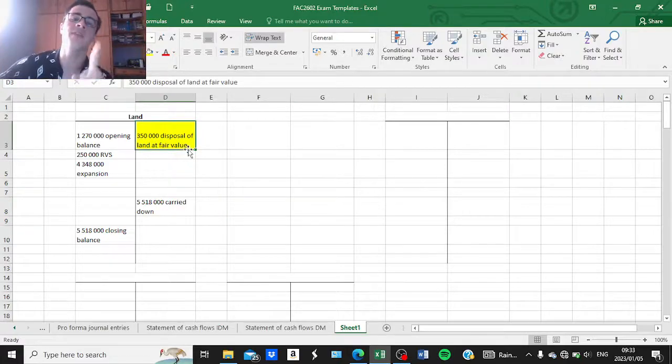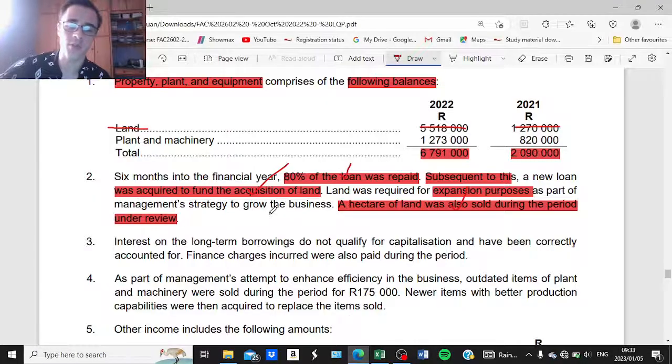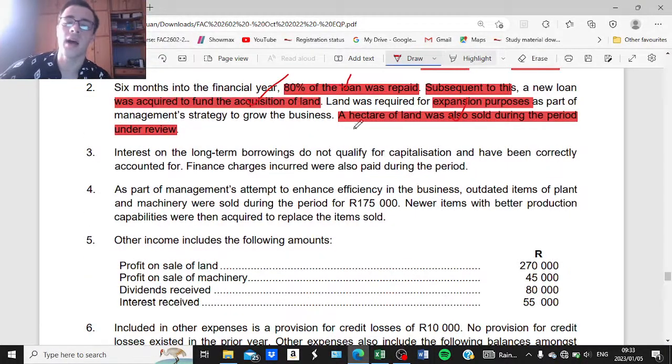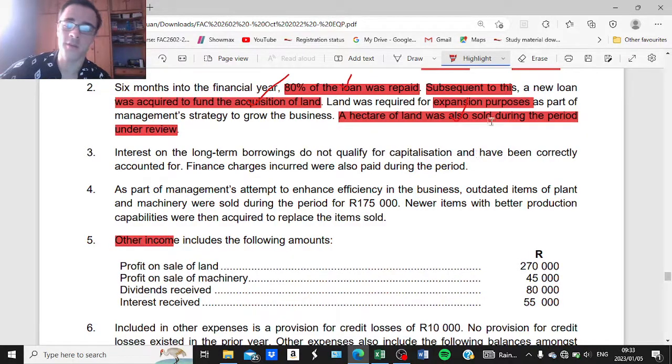Because this general ledger account is concerned with fair value or carrying value. However, this is not the value of the actual cash flow, because we need to consider the profit that was made on that transaction. Only once we have considered the profit can we calculate the correct amount that was received. According to additional information point 5, other income includes a profit on the sale of land amounting to 270,000.